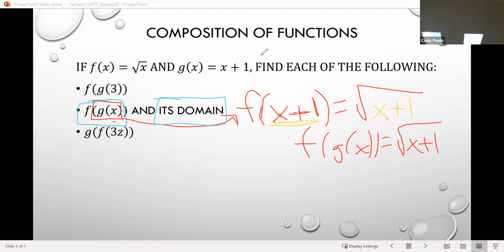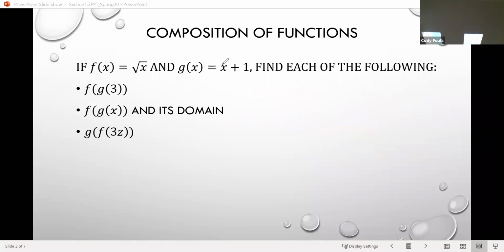All right, and then looking at the last one here, we're asked to find now g of f of 3z. So notice on this one, we're doing composition of functions. f is on the inside this time, and now we have this 3z inside of the function f. Now, even though that contains both a number and a variable, we can still deal with it the same way we deal with numbers in that spot.